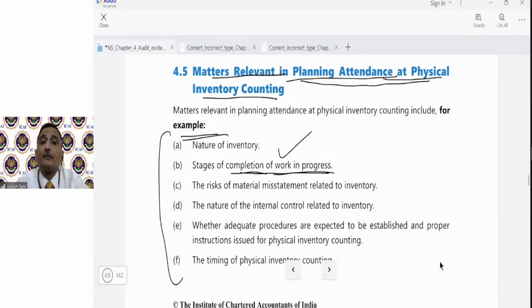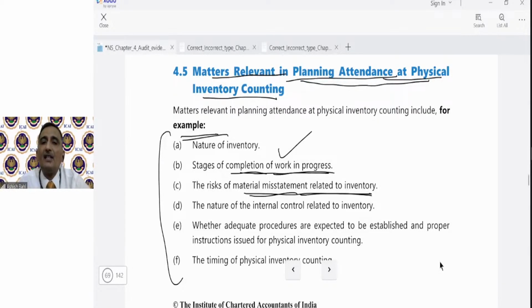the balance sheet. So the risk of material misstatement related to inventory. So what are the chances that inventories could be misstated? What is the risk? Because if the inventories are material, obviously he would have assessed whether there is a low risk or a high risk or a normal risk.